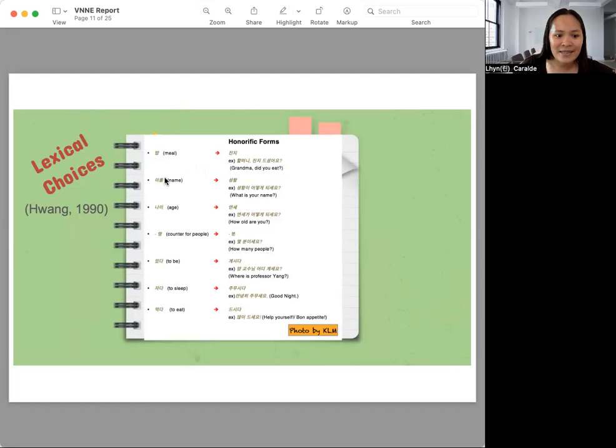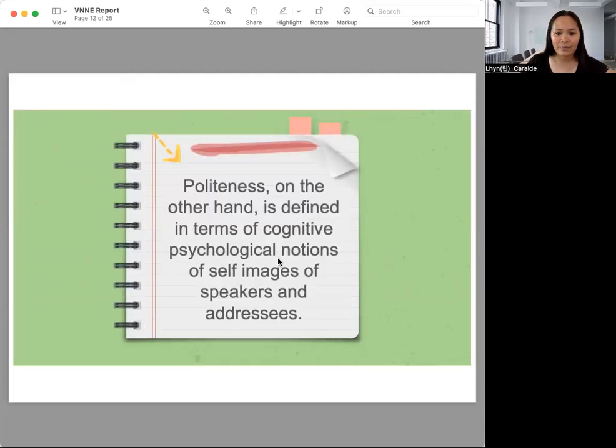And then next one is name for the item, nai for age, and myung counter for people. Itta means to be, and then to sleep and to eat. Okay, those are the honorific forms in the Korean language.